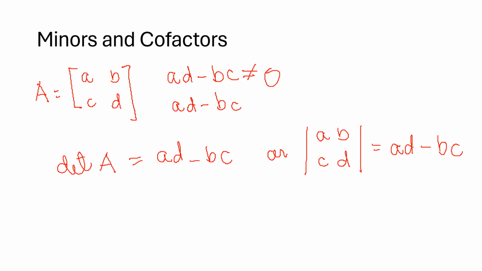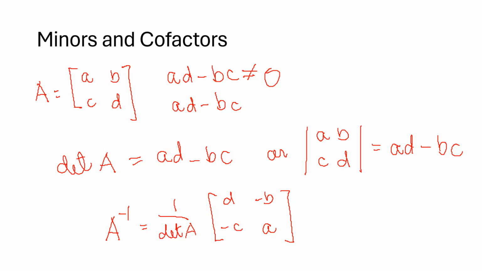And the inverse of the matrix A can be expressed in terms of the determinant as: the inverse of matrix A is equal to 1 over the determinant of A times the matrix with negative B, negative C, and A. Now, it is important to keep in mind that the determinant of matrix A is a number, whereas A is a matrix.